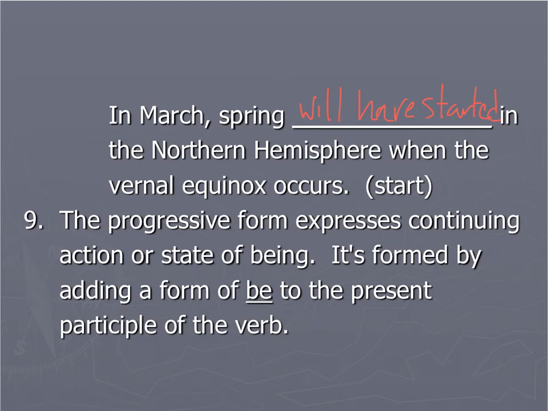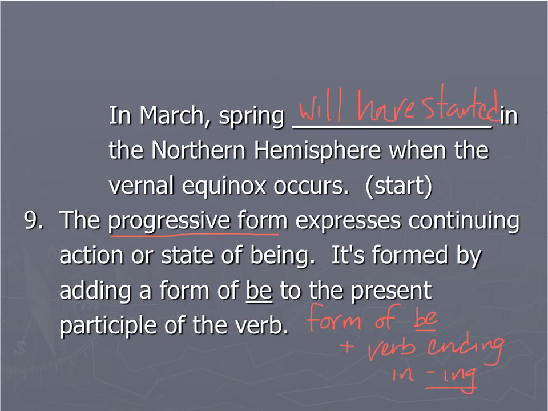So now we're going to learn about two other types, and that's the progressive. The progressive form expresses continuing action or state of being, and it's formed by adding a form of be to the present participle. So key thing to note is it's a form of be plus the verb ending in ing.